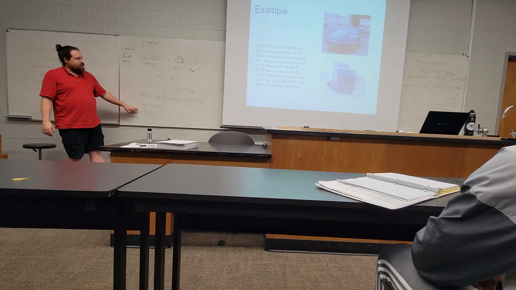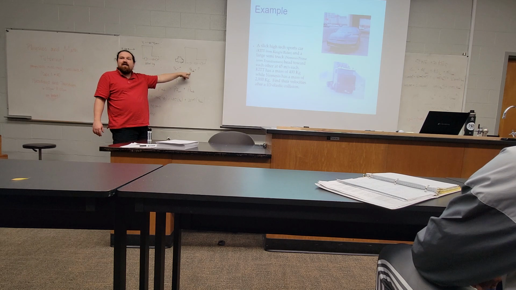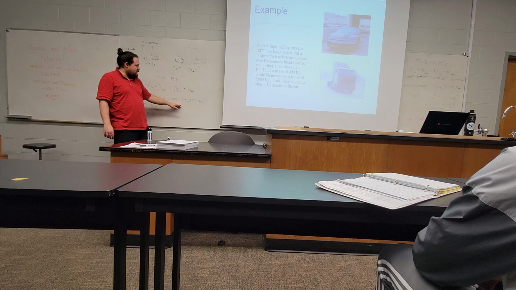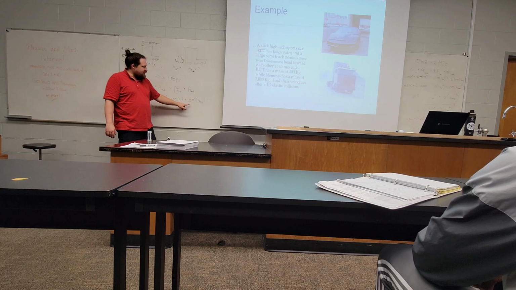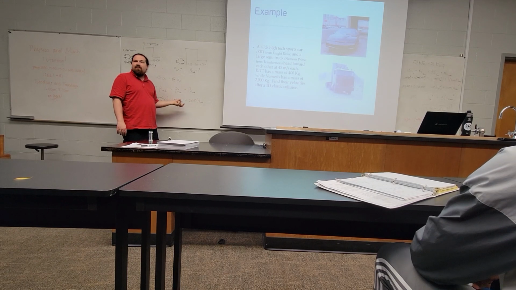Now, the problem with a lot of elastic collisions is you cannot guarantee that the vehicles or the colliding objects are going to stick together. Therefore, you cannot guarantee that they will have the same final velocity. So the problem that we ran into is that if we treat the two VFs as separate and distinct, then they're not the same variable, and now we have two unknowns.